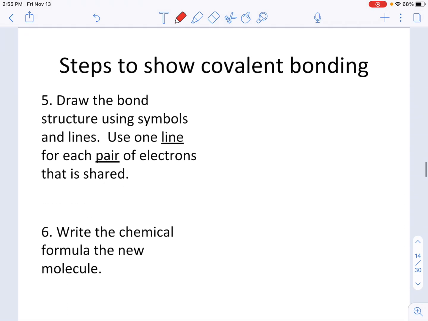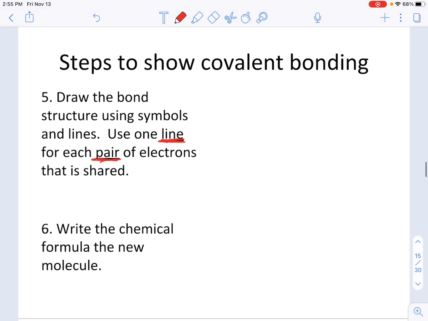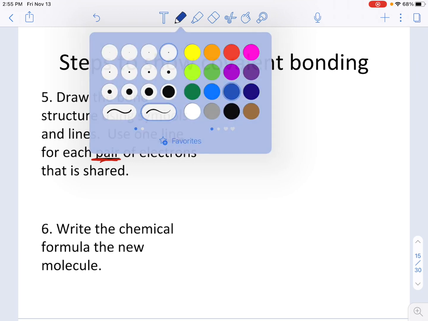Okay? The next step, step 5, we're going to draw the bond structure using symbols and lines. Use one line for each pair of electrons that is shared. So I'm just going to redraw this.